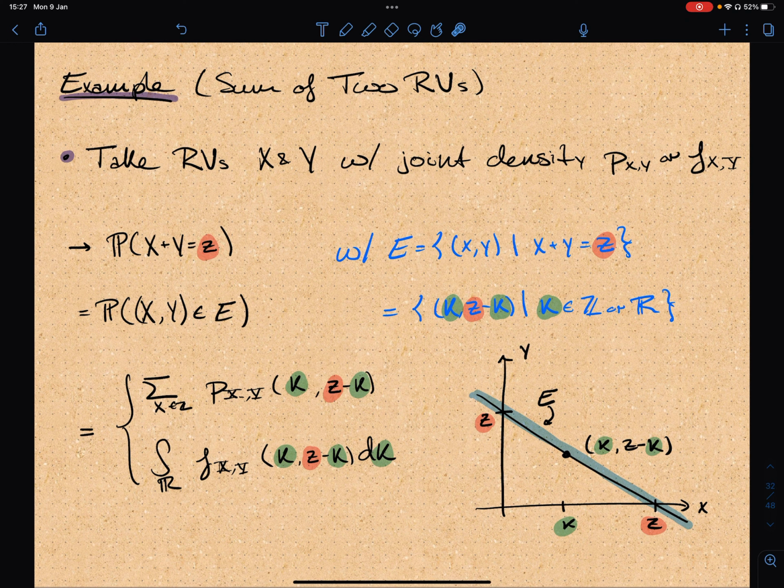And this is really equal to the probability that the pair xy is in the event E, and here maybe we want to denote it E sub c to explicitly show the dependence on c, where E sub c is the event of x and y such that x plus y is equal to c.